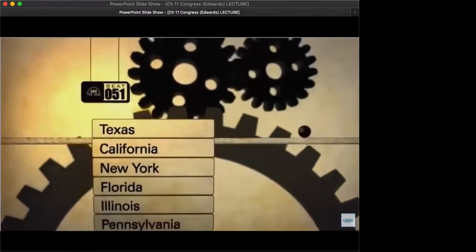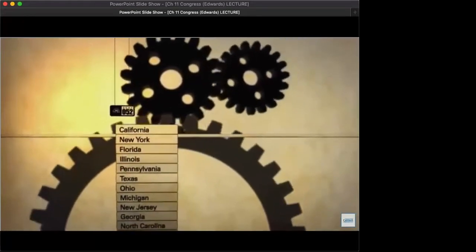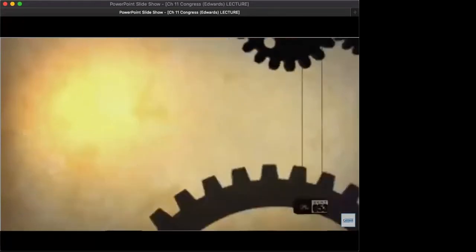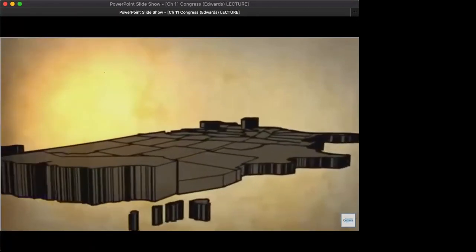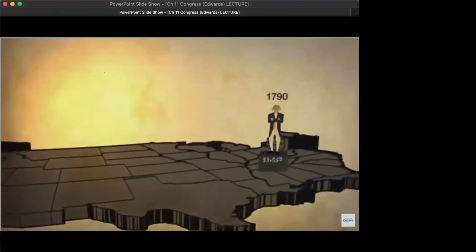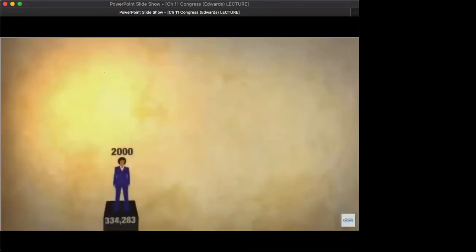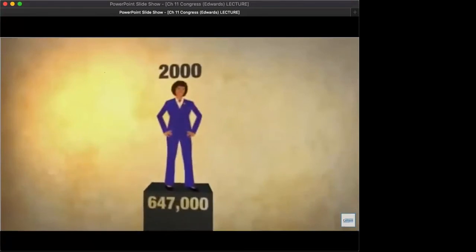After each seat is distributed, the machine re-ranks the remaining states based on the formula until all seats are distributed. This process ensures that each congressional district from Maryland to California has roughly the same number of people. In 1790, each House member represented only about 34,000 people. In 2000, each member represented on average 647,000 people.